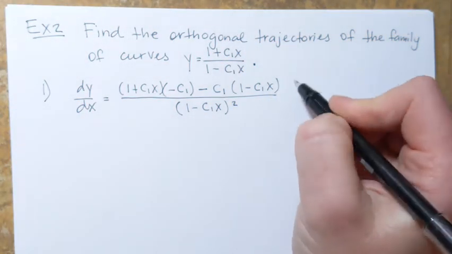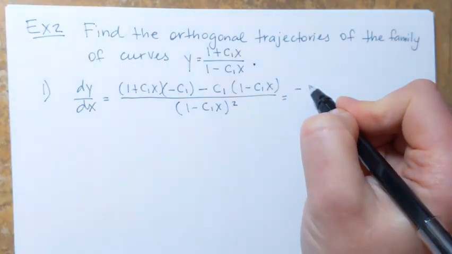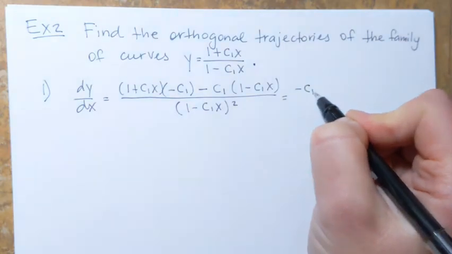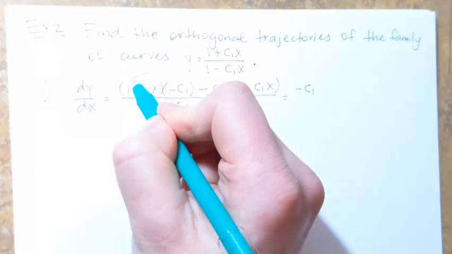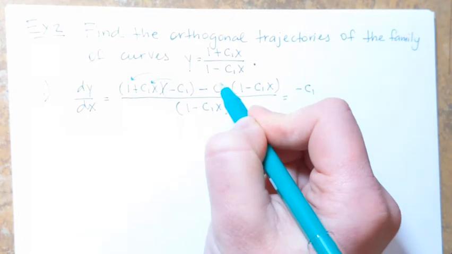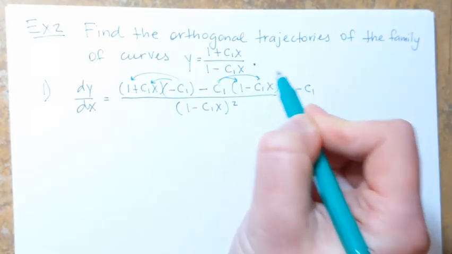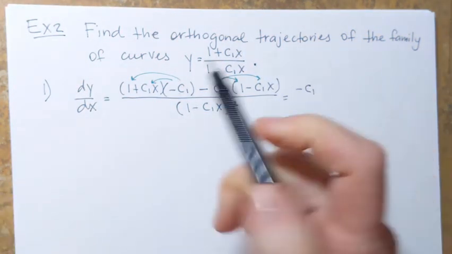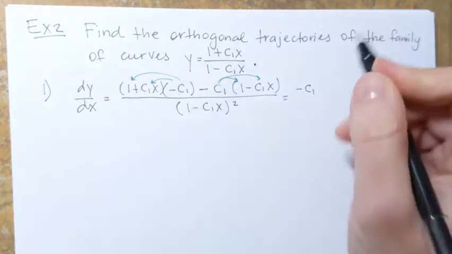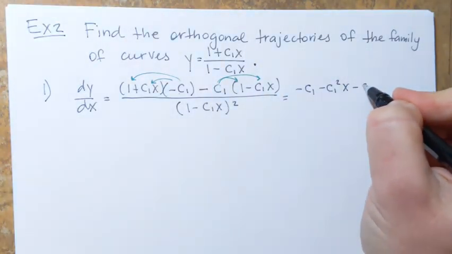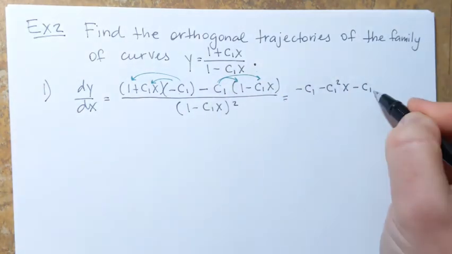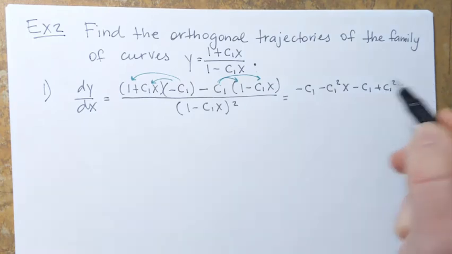That of course has to be simplified. Let's distribute. Where's my red pen? Okay, I'll use green. I'm distributing here, and that c1 I will distribute. So negative c1 minus c1 squared x minus c1, and then plus c1 squared x.